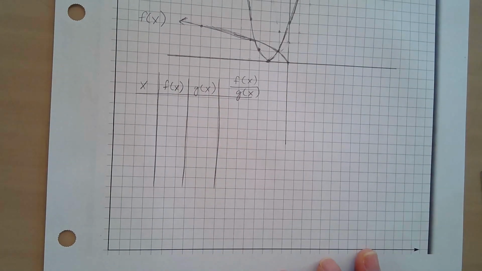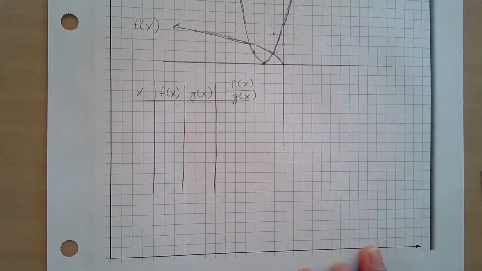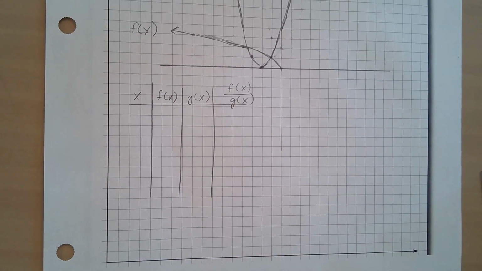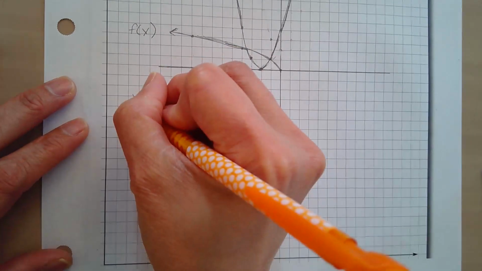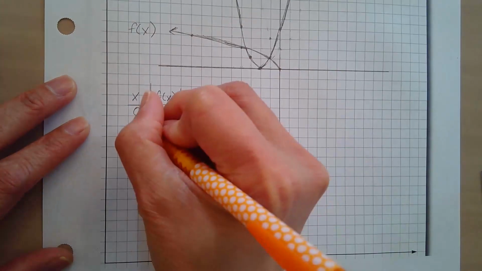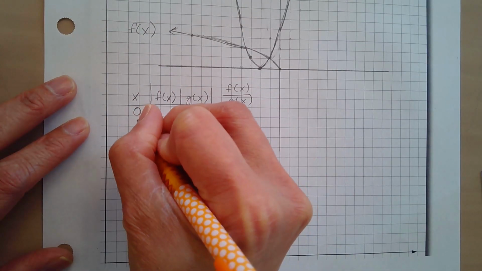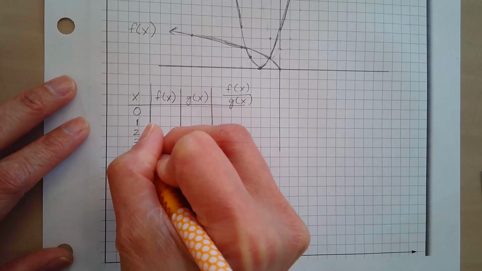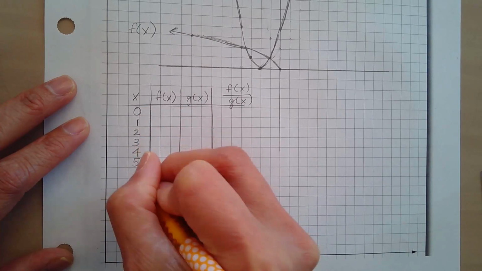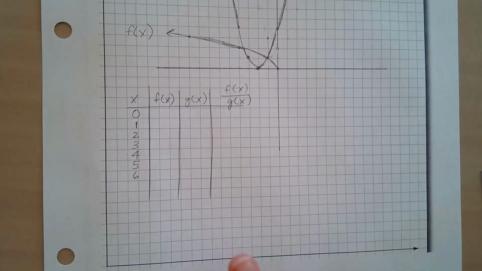Now we're going to start at x less than or equal to 0. So start at 0, it'll be 1, 2, 3, 4, 5, 6. That might be enough.